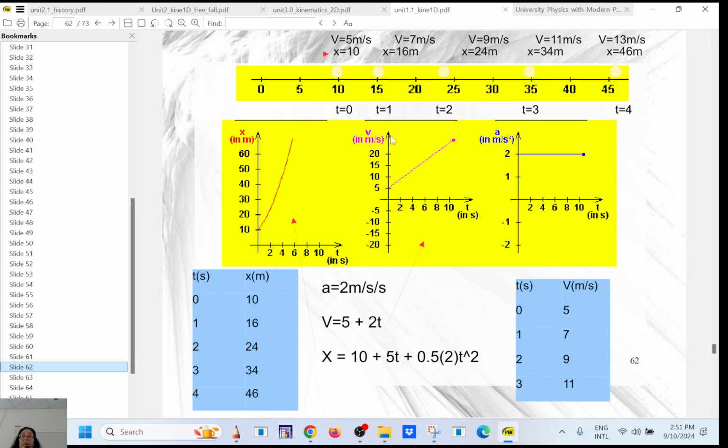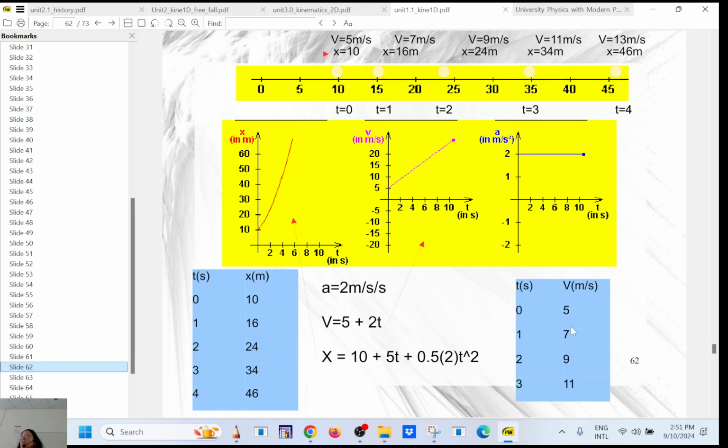So that's why I have this equation here. You see, velocity at t equals 0 is going to be 5, at t equals 1 is going to be 7, 2 is going to be 9, and so forth and so on. What's going to be the slope of velocity versus time? For a run of 1, what's going to be the rise? 2.